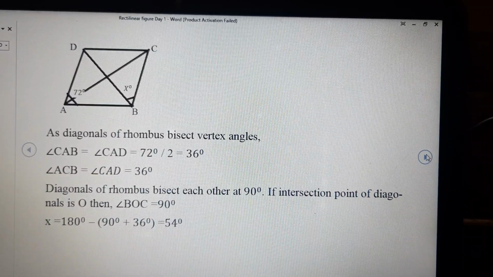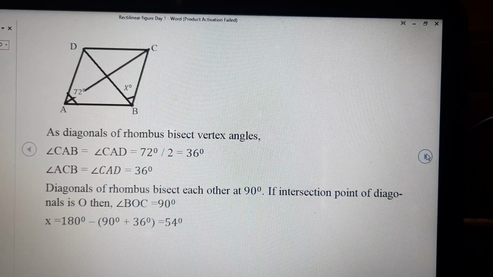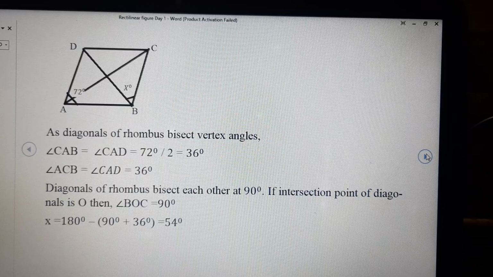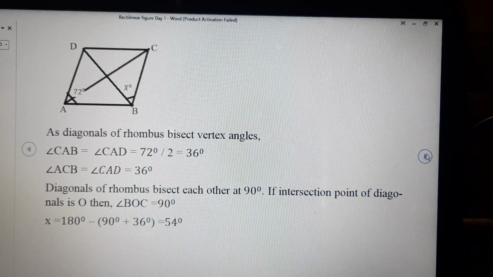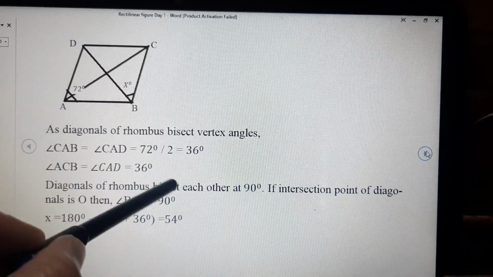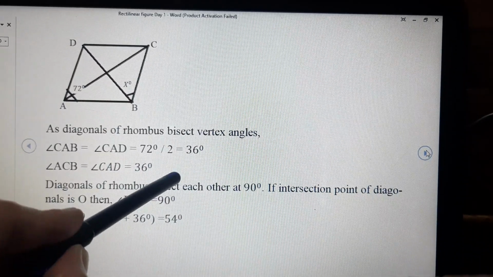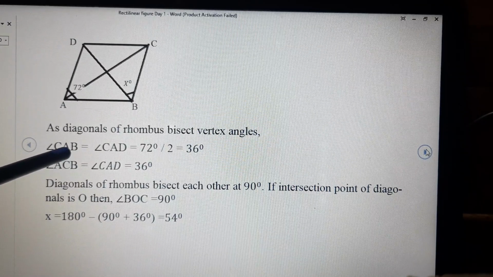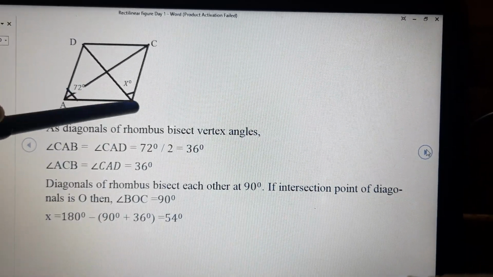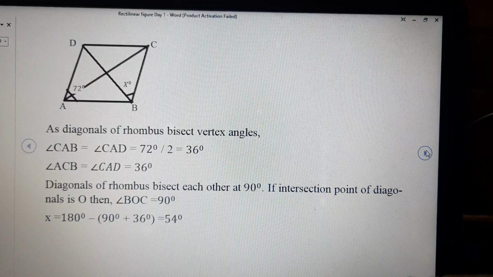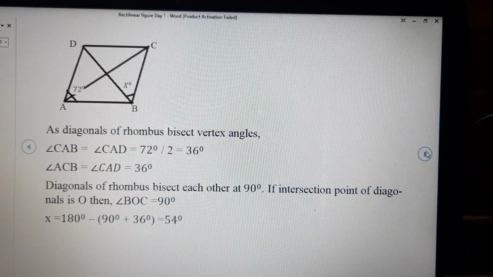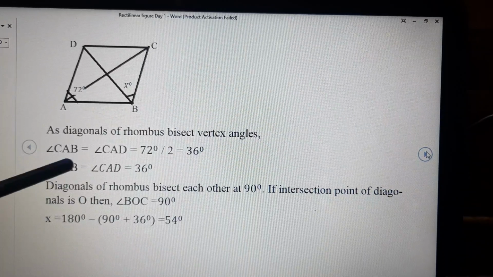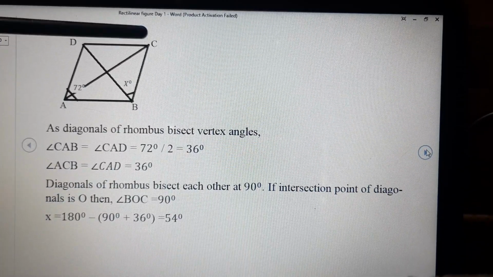Now CAD is 36 and ACB, the reason is not mentioned over here. First, I have explained to you, CAB and CAD will be 36 degrees because AC bisects the complete angle A. These two angles will be equal to each other.